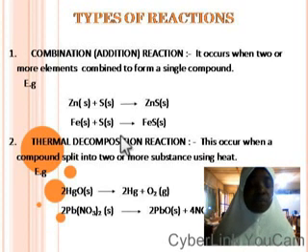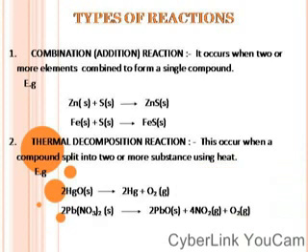Now, if you look at this example here, mercury oxide decomposed to give us mercury, and then oxygen gas is evolved. Another example is the thermal decomposition of lead(II) trioxonitrate(V). Let me show you very well so that you can see it. Lead(II) trioxonitrate(V) decomposes to give us lead oxide, nitrogen(IV) oxide, and then oxygen gas.